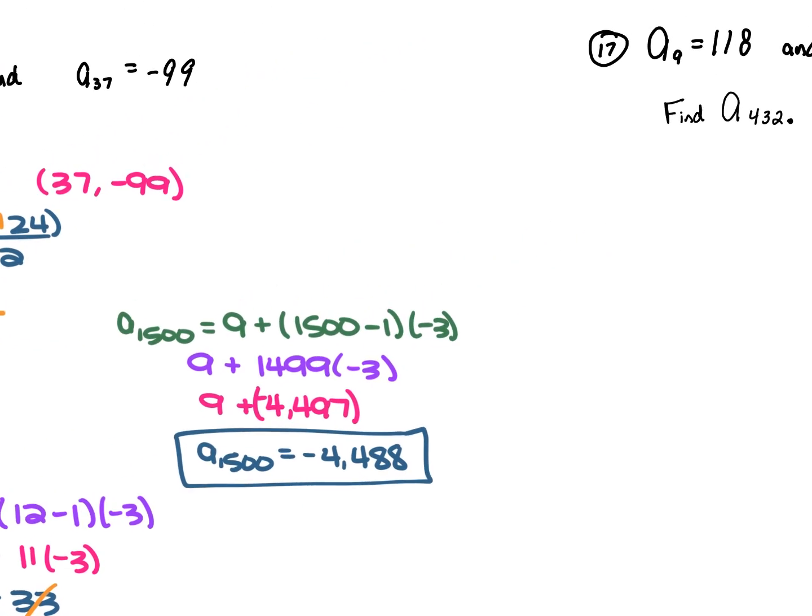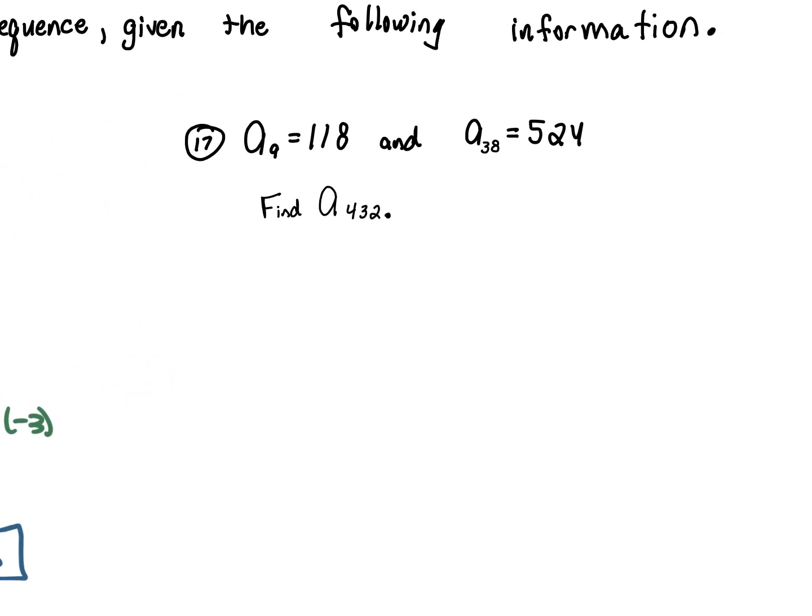If we look at the next question, we have a sub 9 is equal to 118 and a sub 38 is equal to 524. First, we're going to find our common difference. So we're going to work with these 2 points, which are going to be 9, 118, and 38, 524. So find your slope.